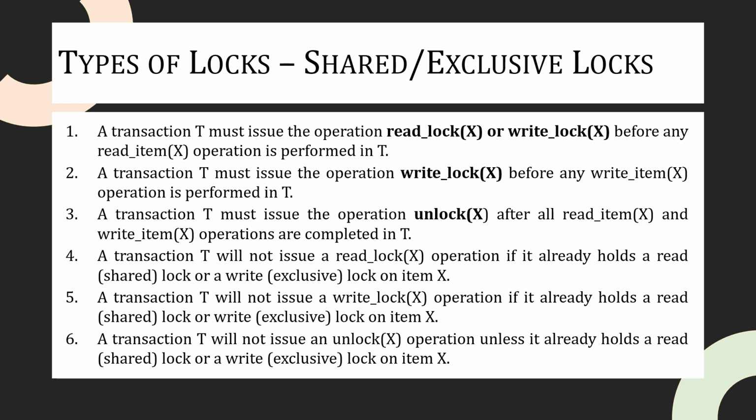Let us look into these various rules. The first rule is the transaction T must issue the operation read lock of X or write lock of X before any read item of X operation.